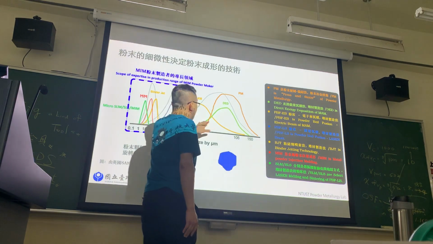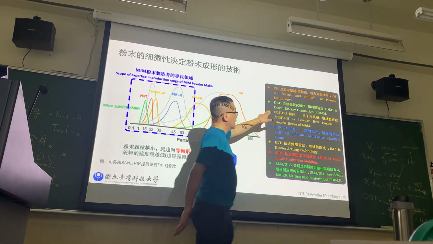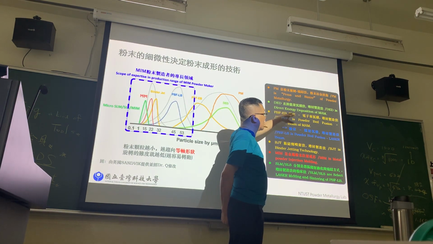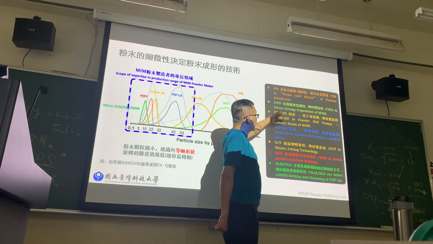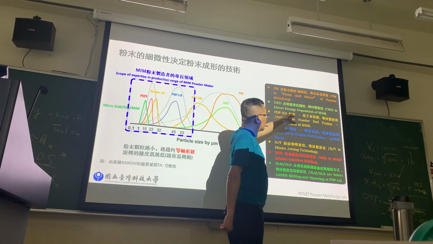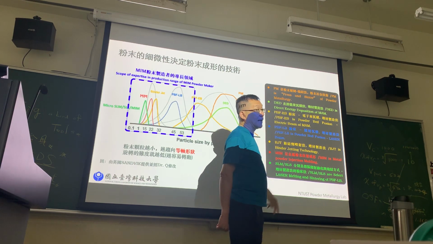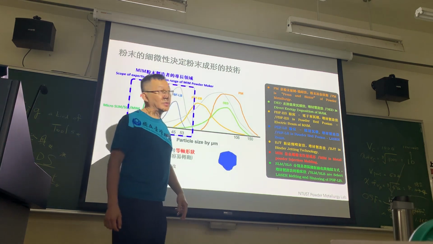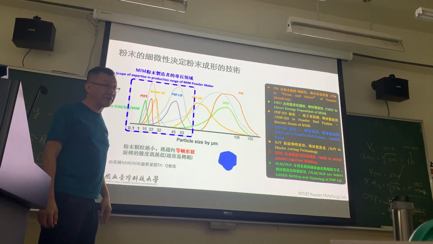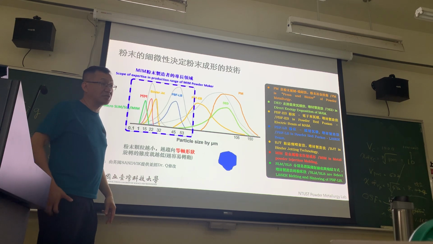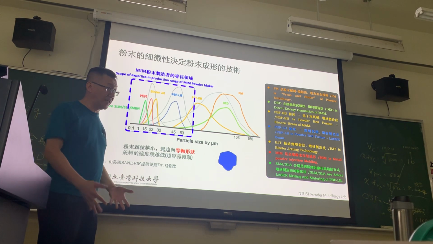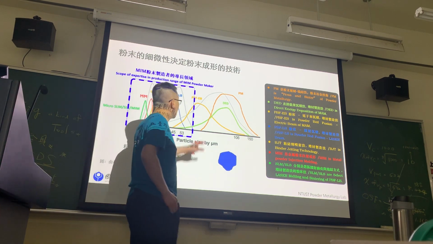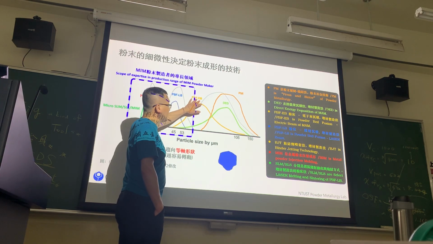And the second is DED, for 3D printing, directed energy deposition, metal additive. Also it's 3D printing for metal. Then this one is PBF-EB.